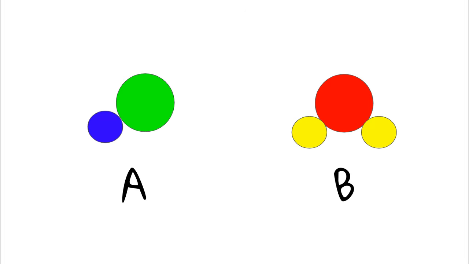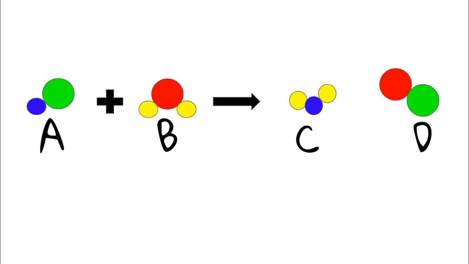Okay, substance B is created with a red molecule and two yellow molecules. Okay, so we can see substance A and B. Now, in our chemical reaction, when you combine substances A and B, something happens in the nanoscale in that chemical reaction, and it turns into C and D.